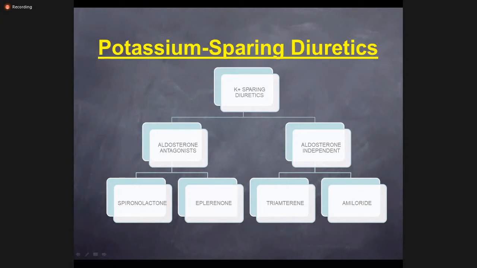So before discussing the importance of aldosterone, have we done the CVS or not? There is a system that is called the renin angiotensin aldosterone system, right?